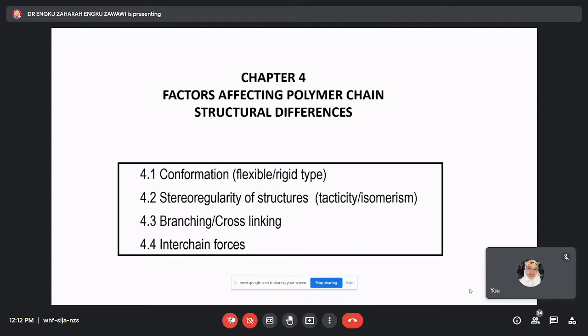So antara faktornya ialah the conformation, stereoregularity of the structure, the polymer structure, which is about the tacticity ataupun isomerism. So the third is the branching ataupun the cross-linking of the polymer. And number 4 is the interchange forces that each of the polymer, rantai polymer tu having that.